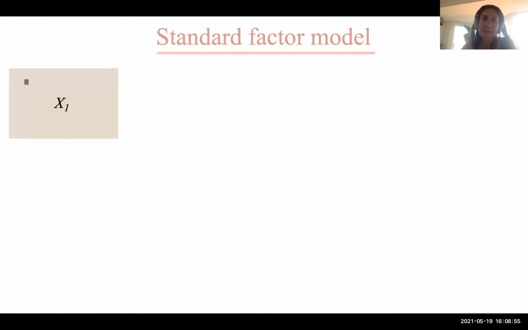So let me refresh. I think that everyone knows what the standard factor model is, but let me refresh what a factor model is. The factor analysis tries to identify and estimate the covariance structure of each variable in each study.